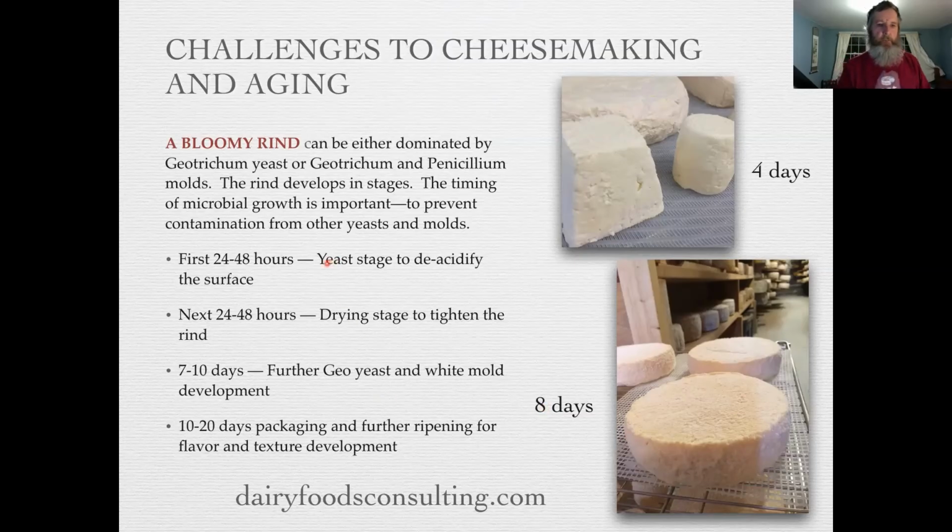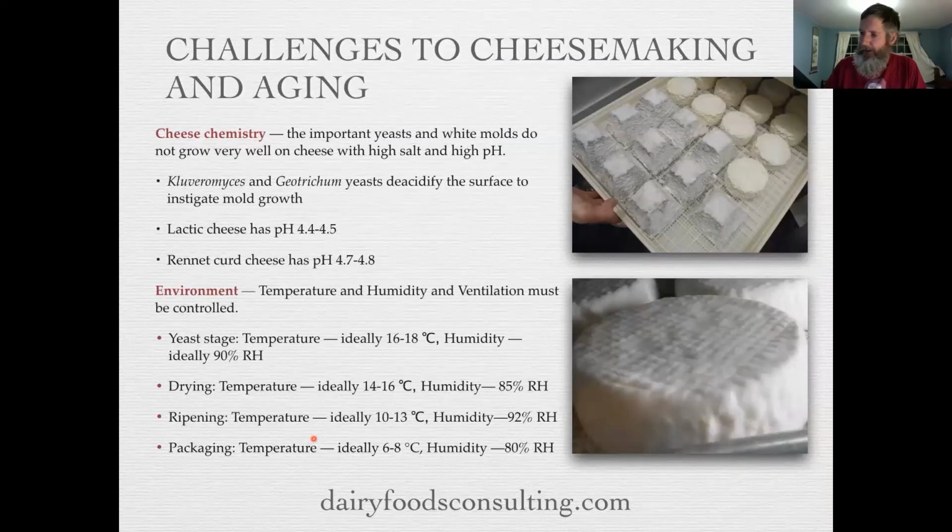Here are some of the parameters. You can look at those in detail when you get your handout. So I'll just truck along here. We are going to look at this just like we did with the washed rind cheeses. We have specific pHs we want to hit.